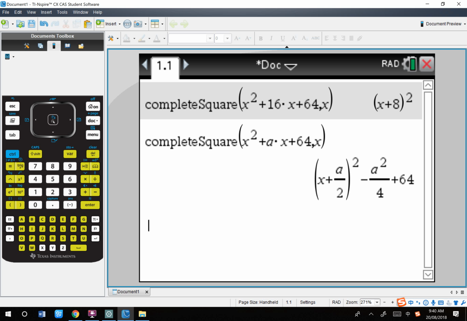If you look at page 1, question 7, minus x squared plus 8x minus 20, for that function I want to define it. I want to give it a name.